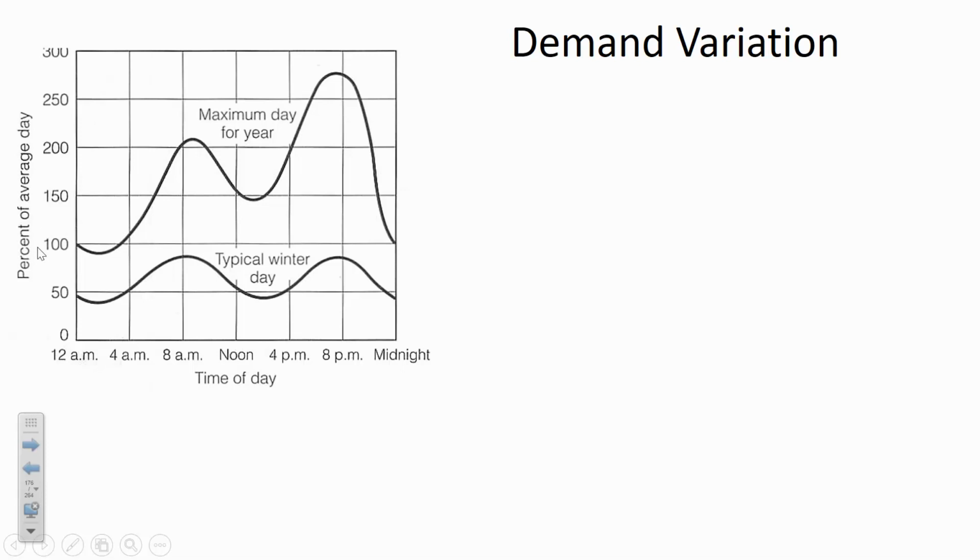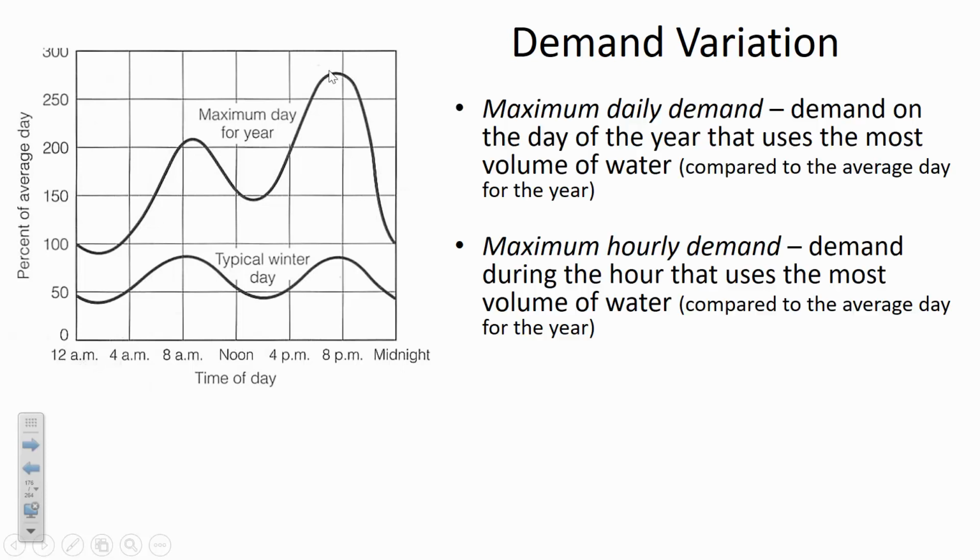So 100% here represents the average demand on the average day. On a typical winter day, the demand is going to be less than the average demand on the average day. But then on the maximum day of the year, you might expect to see like 275% of the demand during the average day, during this high peak time nearing 8 o'clock.